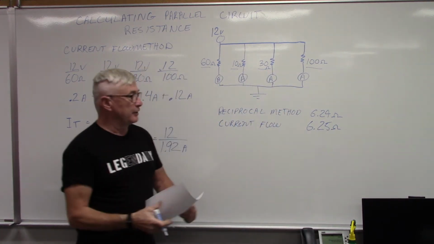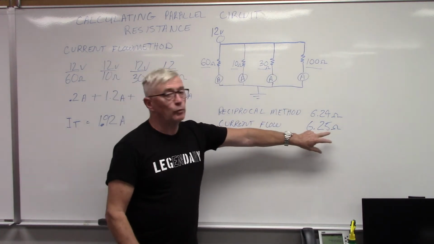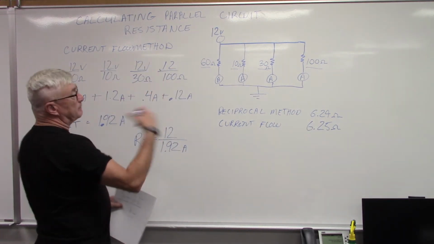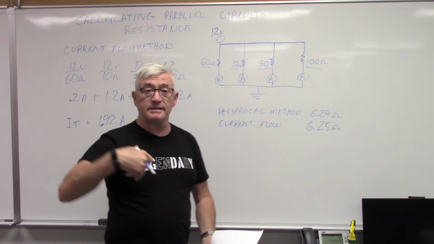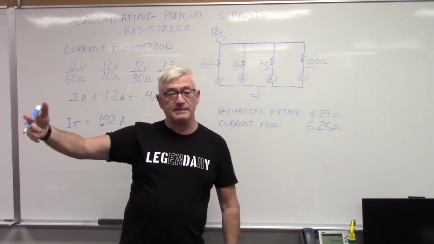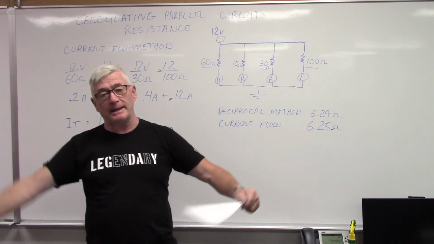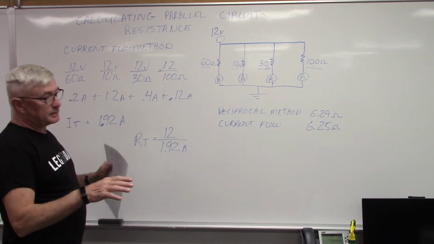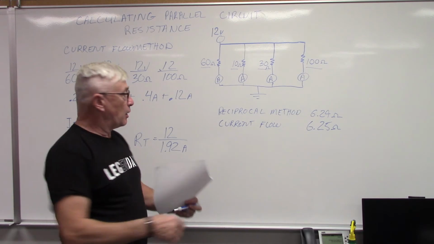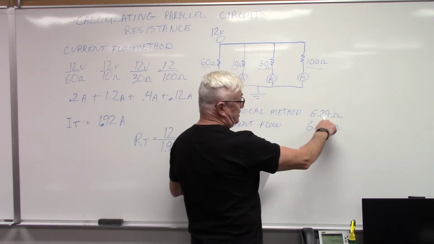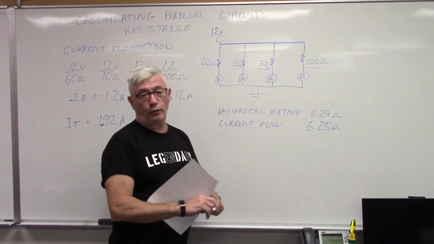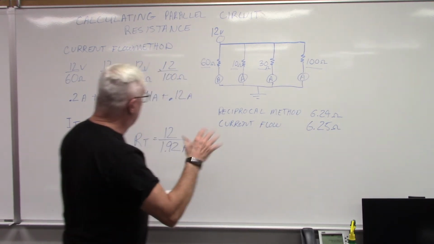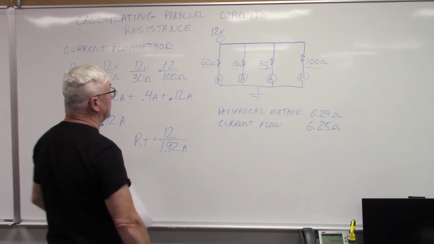You can see we're one hundredth of an ohm different here, and that is because in my first calculation I only went to 4 decimal places. If I had gone to 8 decimal places, we'd end up with a final answer that is closer to 6.25 or 6.24. So we're only talking a hundredth of an ohm.